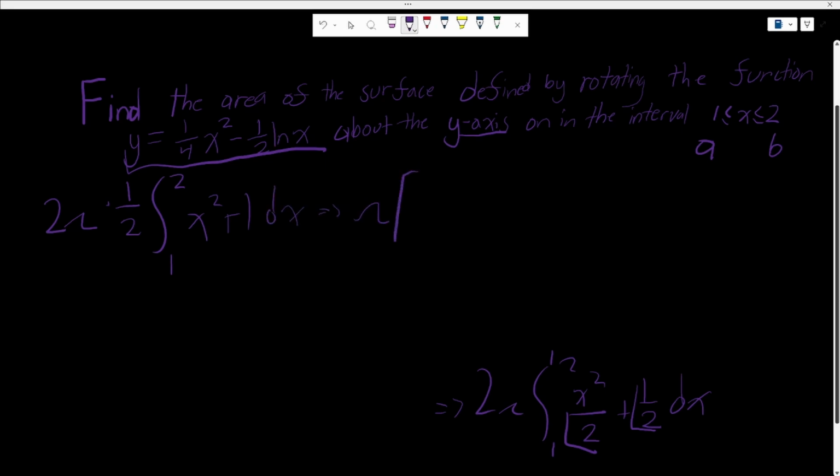So using our power rule, when we take the integral of x², it's going to be equal to x³/3, and then that 1 is just going to equal x, going from 1 to 2. When we plug in our values, we're left with π multiplied by 2³/3 + 2, and then we subtract 1/3 + 1.